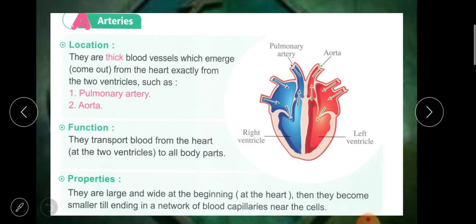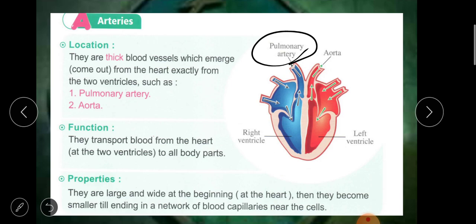They take the blood from the heart to all the body parts, and they are large and wide at the beginning, then become smaller, and end with very small vessels that we call blood capillaries. All of them carry oxygenated blood except the pulmonary artery, which carries deoxygenated blood.